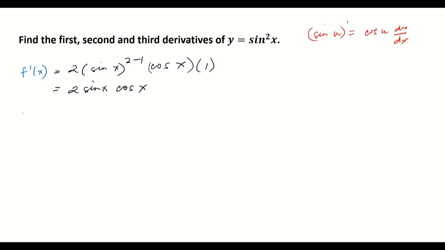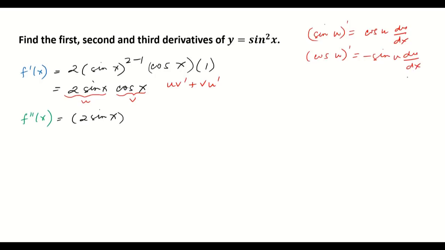For the second derivative, let us have 2 sine x as our u, and then this is our v. So that we can have the product rule, u and then v prime plus v u prime. So following this, we have our u is 2 sine x times v prime, which is the derivative of cosine x. So again, the derivative of cosine u is equal to negative sine u du dx.